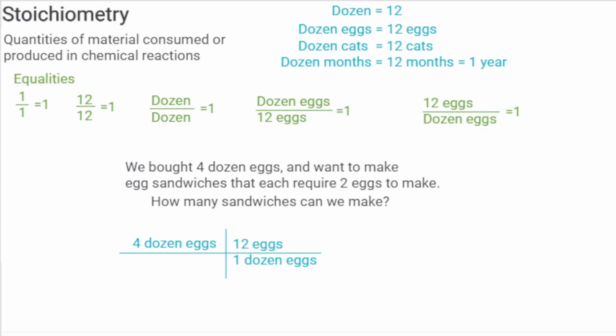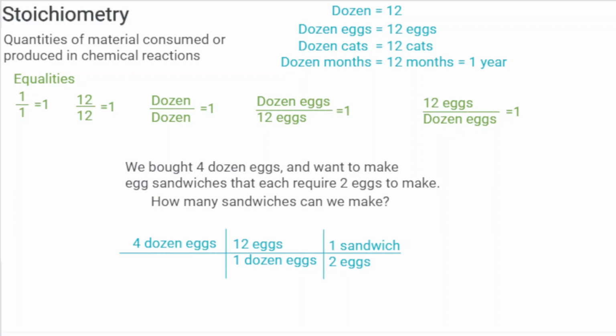But that's not really what we're looking for here, so we're going to continue on. So we can add on another little bracket here, and now I want to change our eggs into something else. And within the question it said for every 2 eggs we make a sandwich. So I'm going to put 2 eggs on the bottom here, and that is going to be equal to 1 sandwich. So for every 2 eggs we get 1 sandwich.